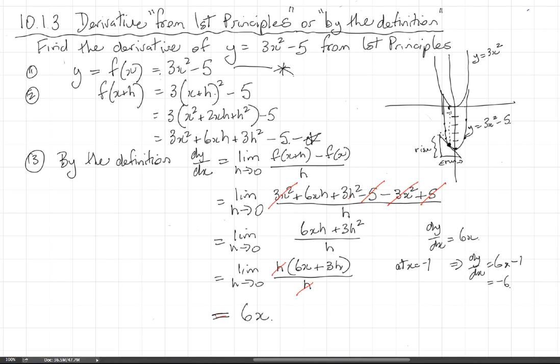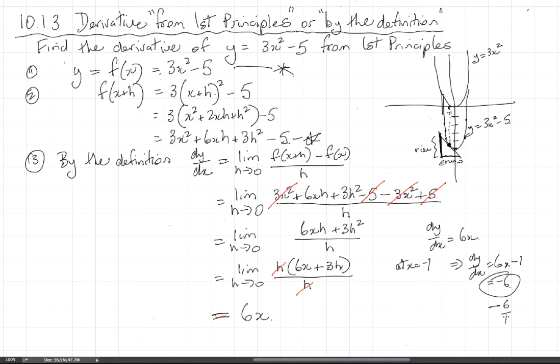So my rise divided by my run, obviously I haven't drawn this tangent too well, because this will be 6 times as big as this if I drew that accurately. And a gradient of -6 is -6 over 1, so it drops 6 for every one it goes across.